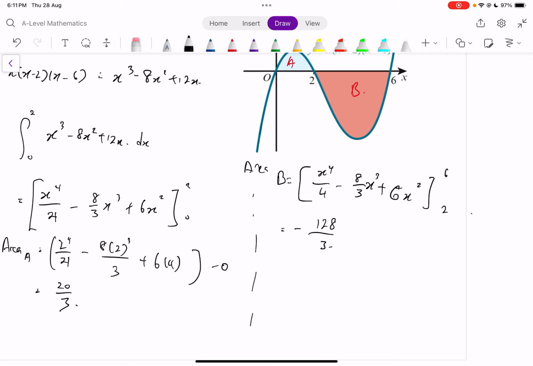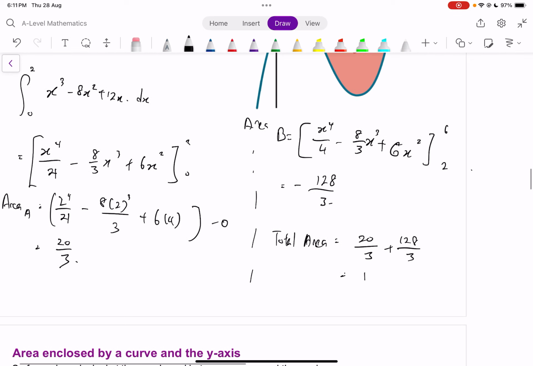But 因为它是 bottom part，因为它是 negative 的关系，我们记得要把它变回 positive. So the total area just makes it as 20 over 3 plus 128 over 3. So that makes it as 148 over 3. And that cannot be divided.